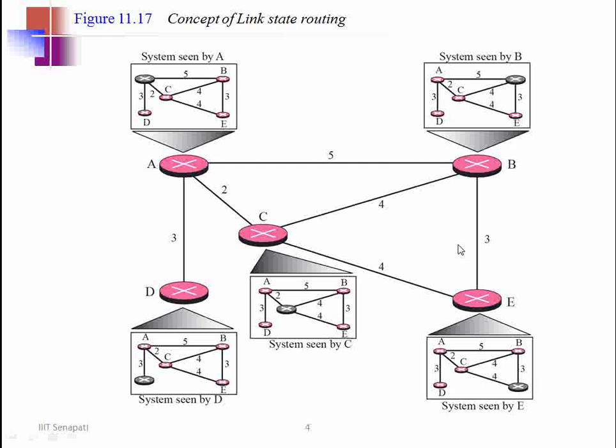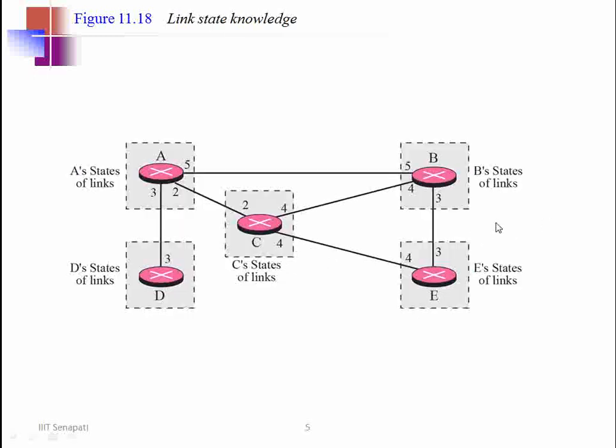Now let me tell you what will happen. Node A knows that it is connected to node B with metric 5, to C with metric 2 and to D with metric 3.